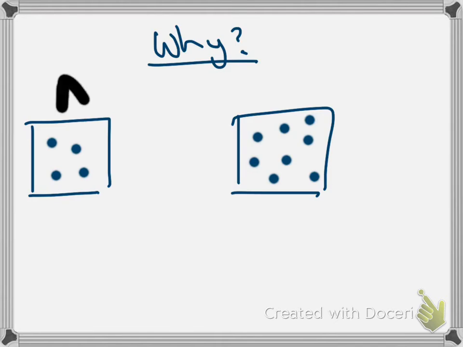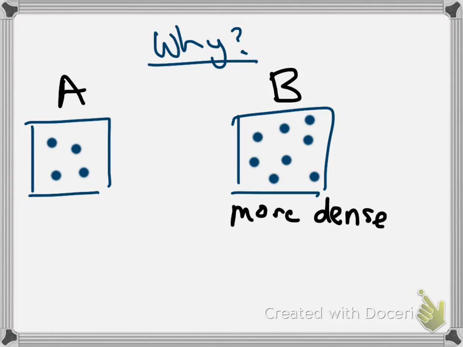We will call this A, and this one B. Hopefully, you instantly know that B is more dense. These molecules, these dots, these particles are more closely packed together, which means it is more dense.